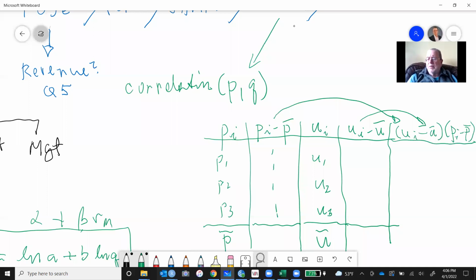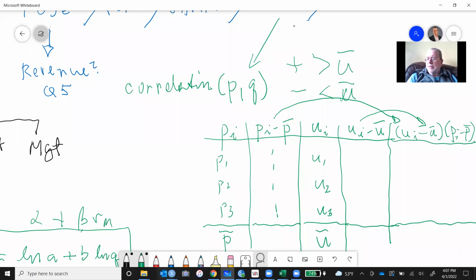Now, what is the idea behind this? Some of these deviations may be greater than the mean. Some might be less than the mean. Now, if they're less than the mean, the deviation will be negative. If they're greater than the mean, they'll be positive.